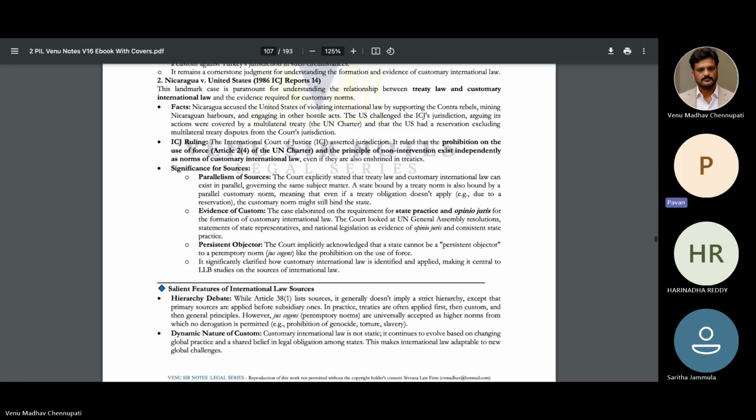Nicaragua versus United States. This landmark case is paramount for understanding the relationship between treaty law and customary international law and the evidence required for customary norms.